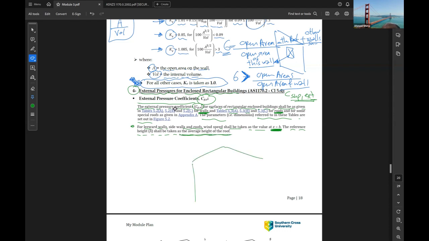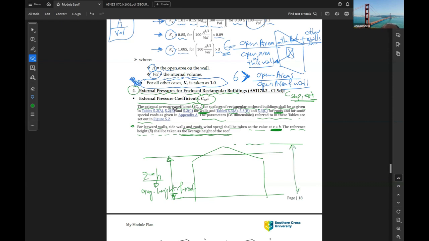So Z equal to H, where H is the average height of the roof. For example, if the highest point is H1 and the lowest point is H2, so H equals H1 plus H2 over 2.